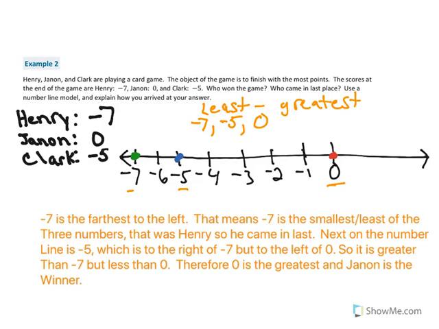Next on the number line is -5, which is to the right of -7, but to the left of 0. So it is greater than -7, but it is less than 0. Therefore, 0 is the greatest, and Janin is the winner. So we answered the question as well as explaining least to greatest in this case, using left and right of numbers. All right, let's move on.